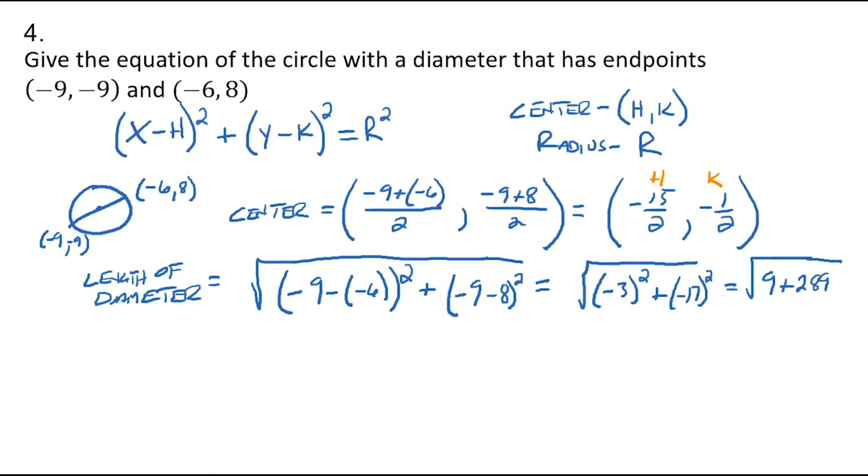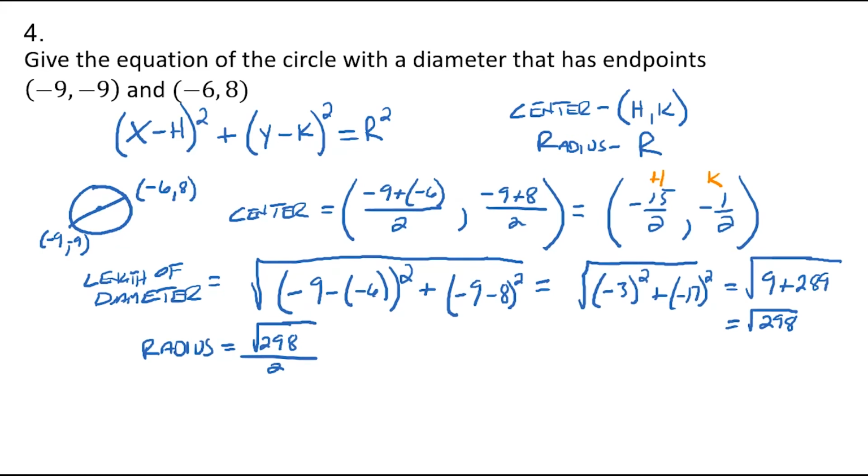And finally, that gives us the square root of 298. Okay, so that's the length of our diameter. And so for our radius, I'm just going to take the diameter and divide it by 2. So that's our radius, that's r.